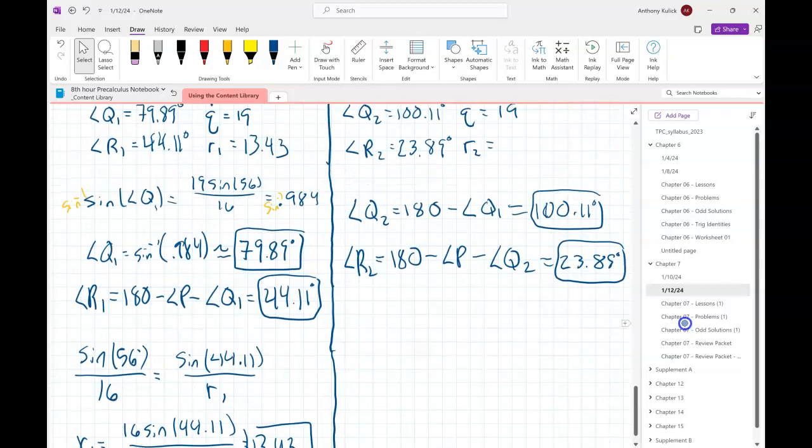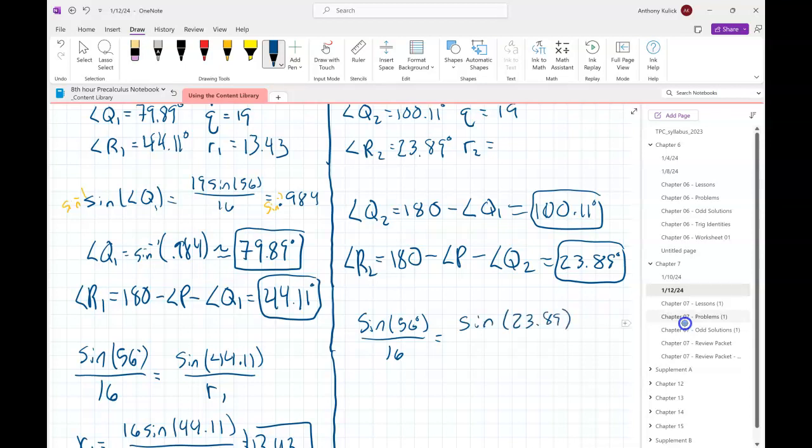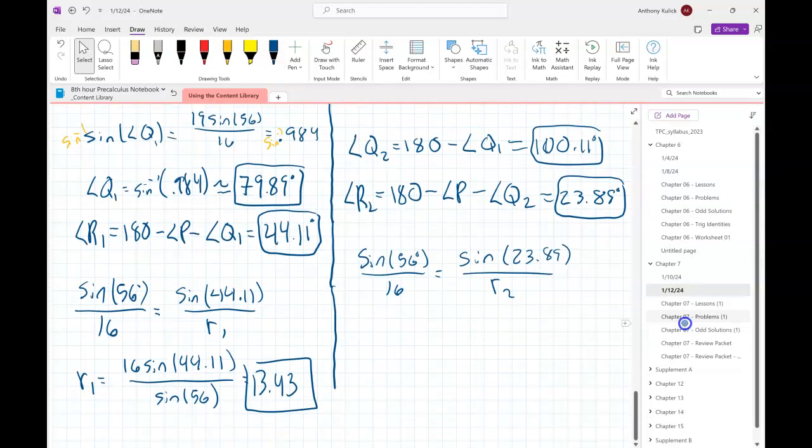We'll do the same thing now in triangle 2. So I'm going to start with sine P over P. Notice that that is the same information in both triangles. But now I need to use angle R from triangle 2 over side R in triangle 2. Again, we'll cross multiply and divide.